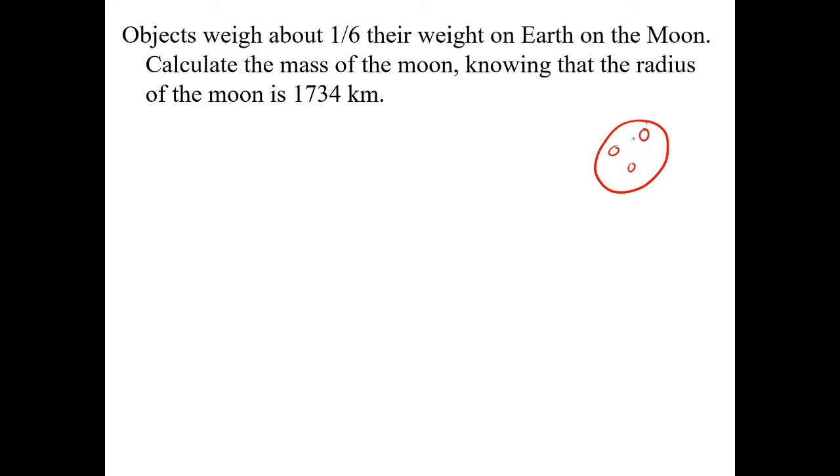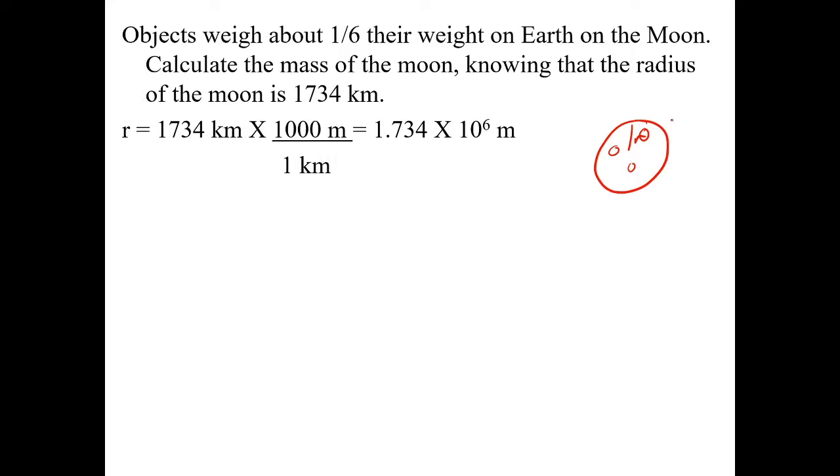They give us the radius, the R value, but it's in kilometers. So we need to flip that over into meters. Another thing we know is that gravity on the moon, they just told us, is about 1/6. So we can take the 9.8 and divide by 6.